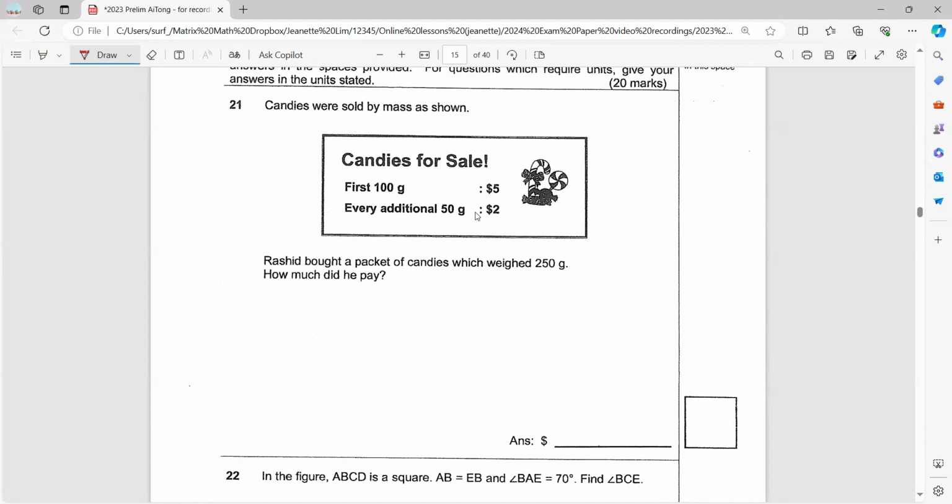So for 250 grams, you're going to split into two parts. The first part is the 100 grams, and then the rest of it will be the 150 grams. 100 grams is $5. Then 150 grams will be calculated this way.